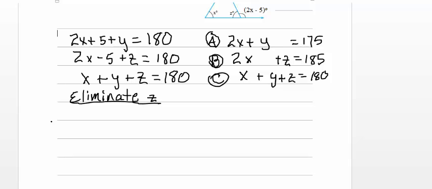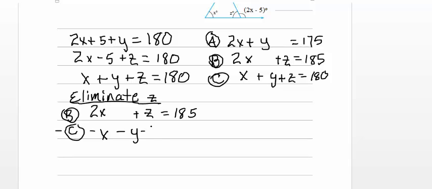And I'm going to choose to eliminate z, and I am going to use B and negative C to do that. So I'm going to just recopy B as is, and I'm going to multiply every term of C by negative 1.